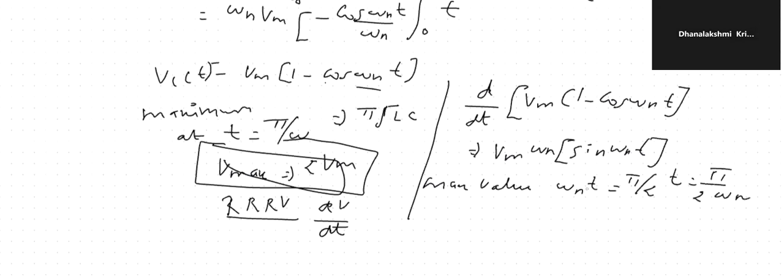Now the maximum value of RRRV is Vm omega n.